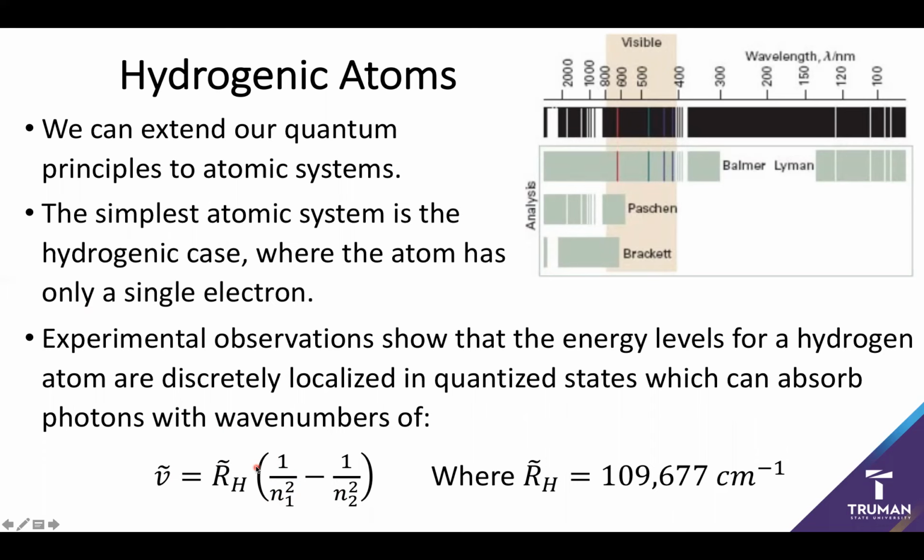It was possible to figure out exactly where we'd expect to see an absorption signal from an electron around a simple hydrogenic atom. So in the case of hydrogen, what we found is that there are several different series where you'll expect to see these excitations.